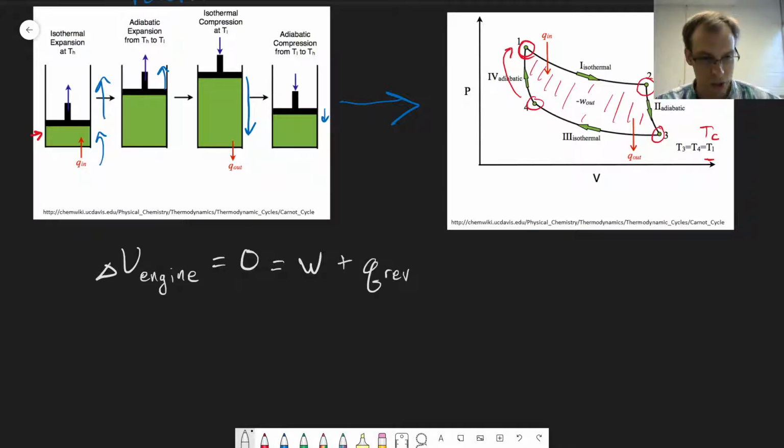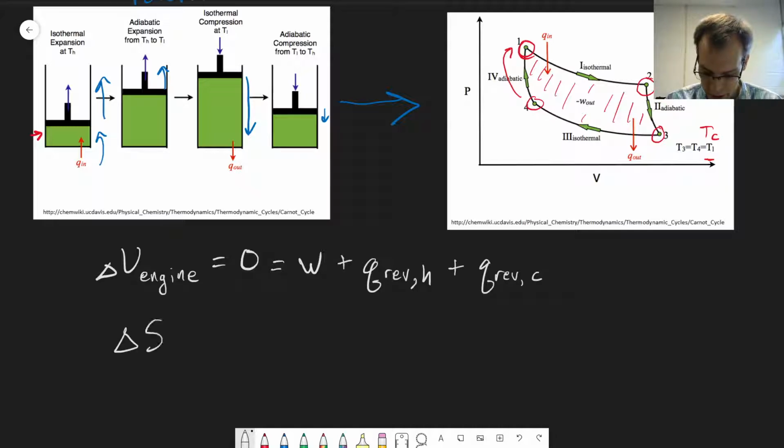So our reversible heat exchange, this is all done reversibly, at the hot reservoir plus the reversible heat exchange done at the cold reservoir. The other thing we know is that the entropy change overall for the engine also has to be equal to 0 because it's also a state function.